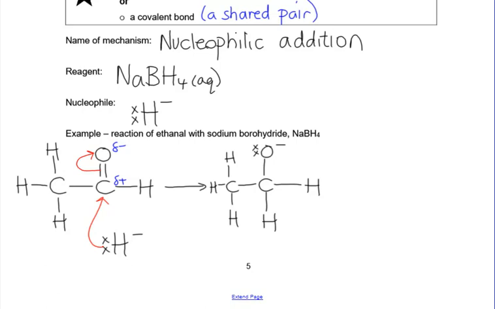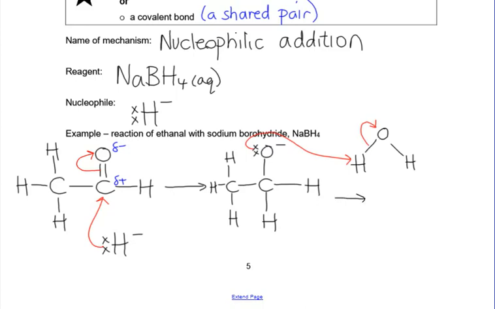So what happens now is that this lone pair here is going to go and pick up a hydrogen from the aqueous solution, from the water. So it's going to go and grab a hydrogen, and the bond in the water molecule is going to break to release that hydrogen ion.